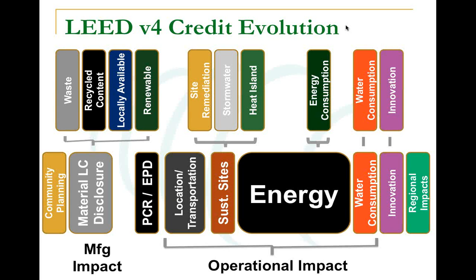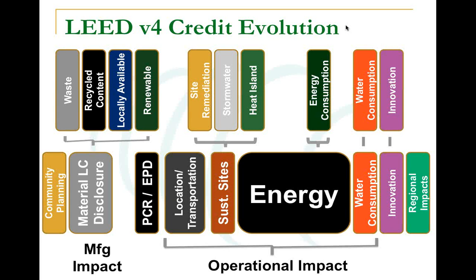So big revisions: energy has more weight than anything. They've made the decision that energy is very important, and they are bundling all those material attributes into what's called a life cycle disclosure. So the manufacturing impact of LEED is considered through that material disclosure.